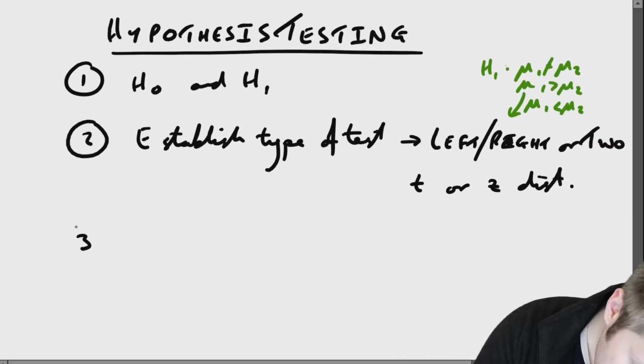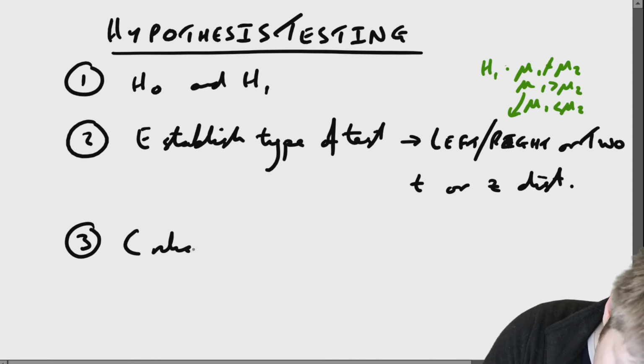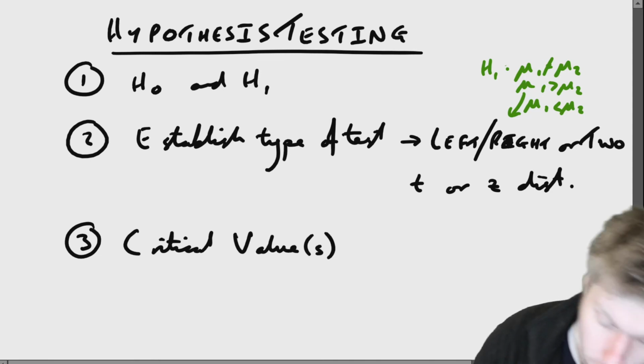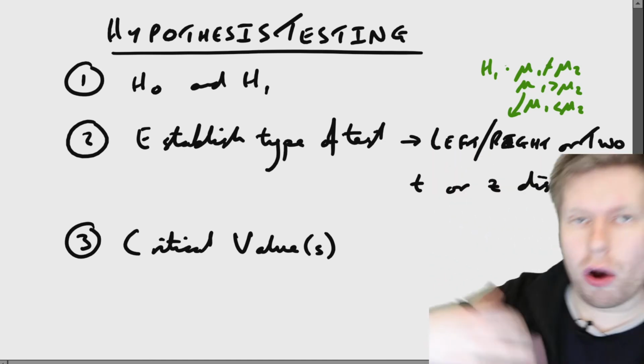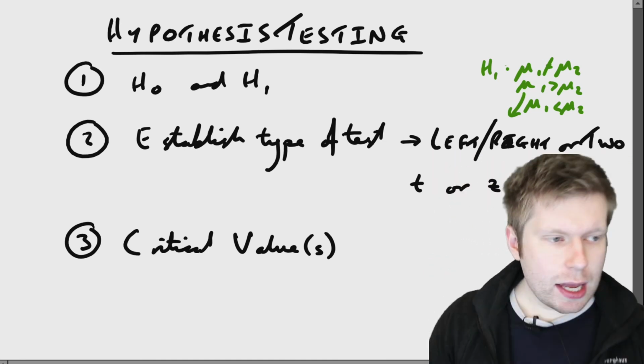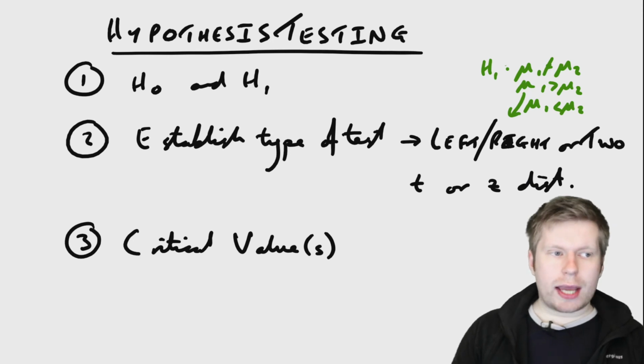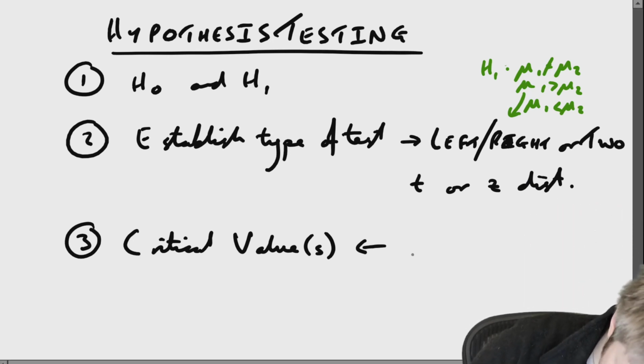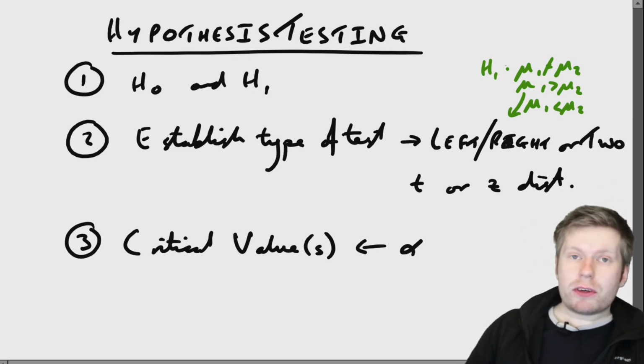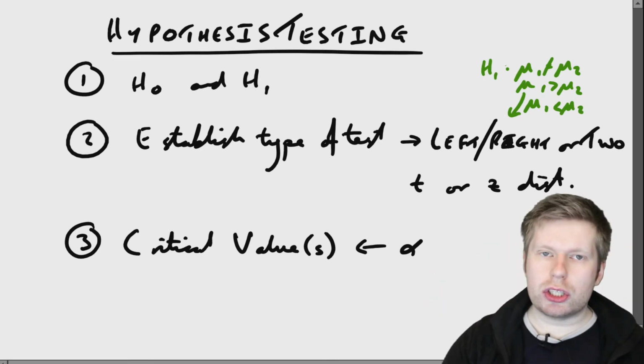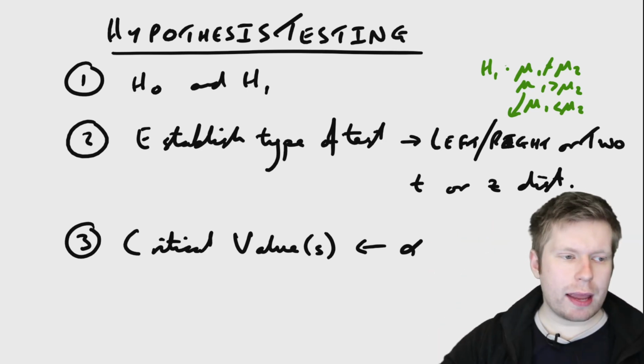The next thing you need to do is work out your critical values. I'll write down critical values, because it depends whether you're doing a two-tailed test, a right-tailed test, or a left-tailed test. You work out your level of significance. If it's a 5% level of significance, you work out how much data you need to include in the tail or tails.